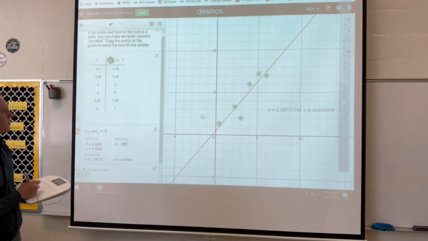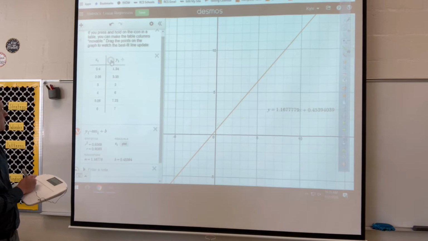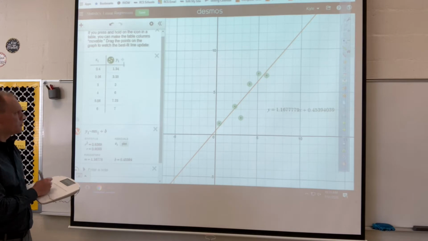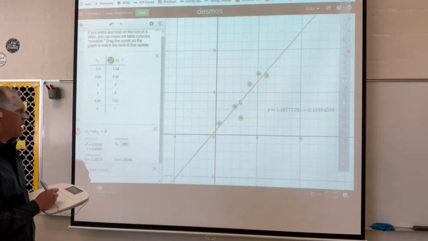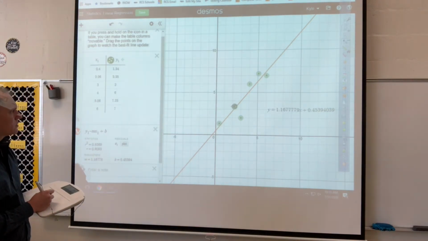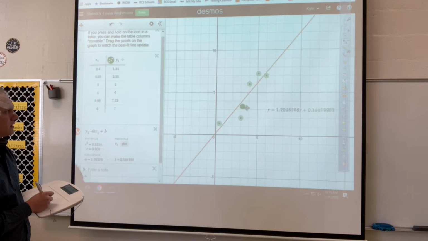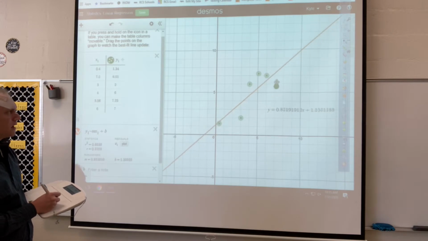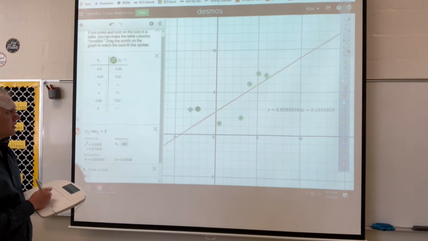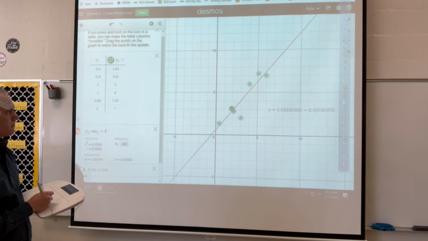I'm going to move these points, and the way I did that was I held down this button right here, and it asks if you want to be able to drag the points. I said yes, so I can move these points, and you can see the line of best fit updates dynamically as I move this point around.